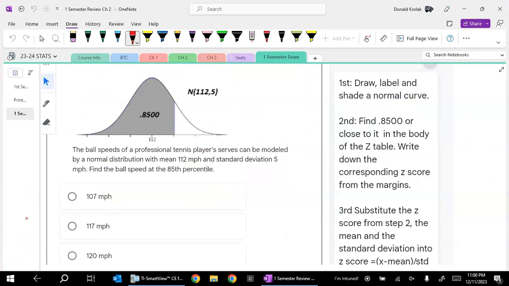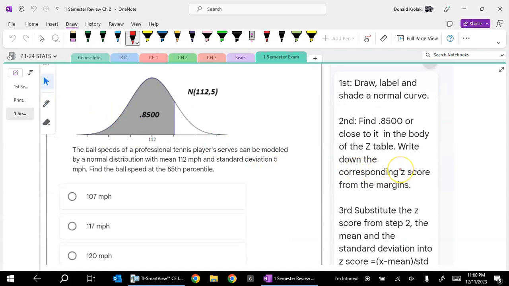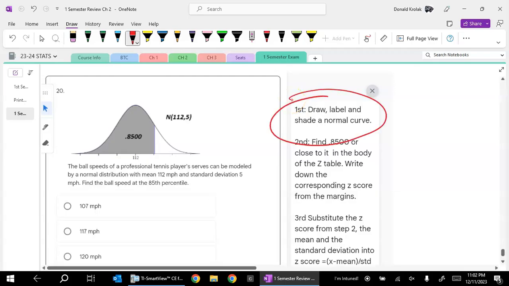Okay, number 20. The ball speed for professional tennis player serves can be modeled by a normal distribution with a mean of 112 and a standard deviation of 5. So when you draw and label here, okay, here's my drawing.